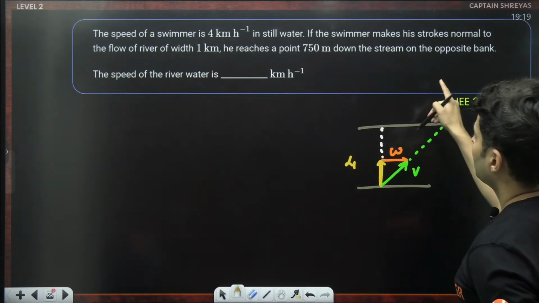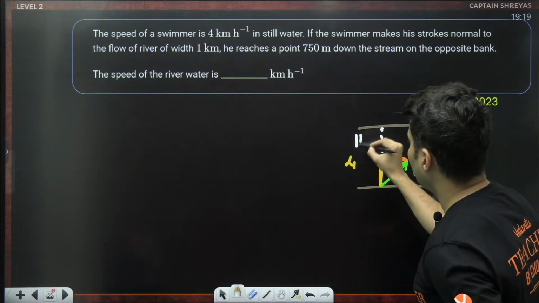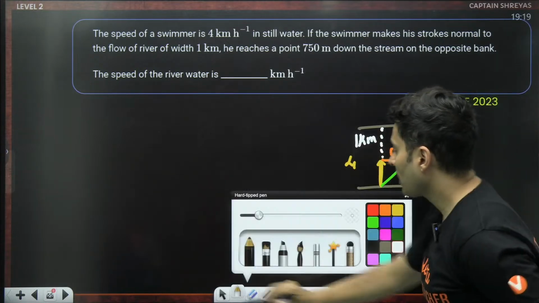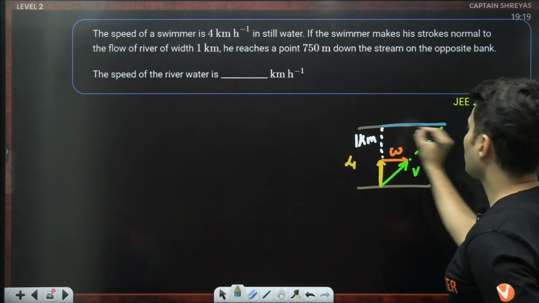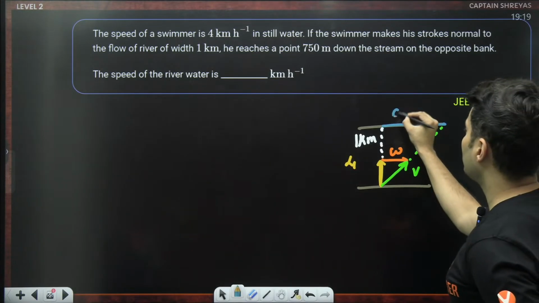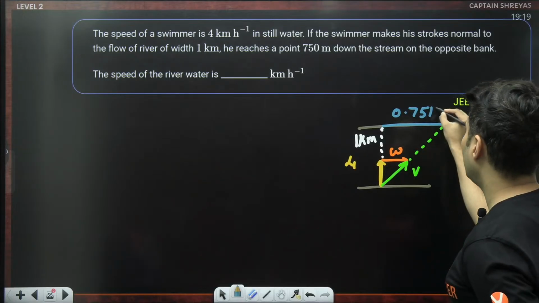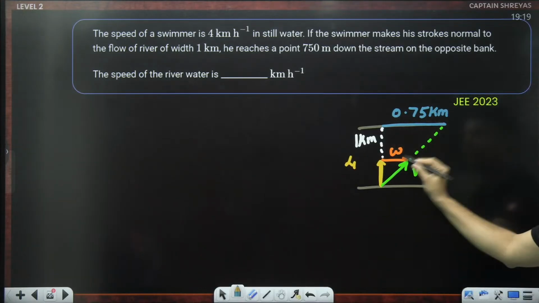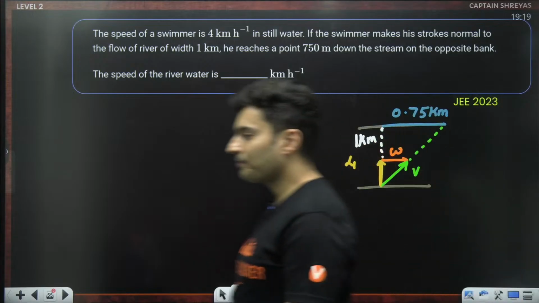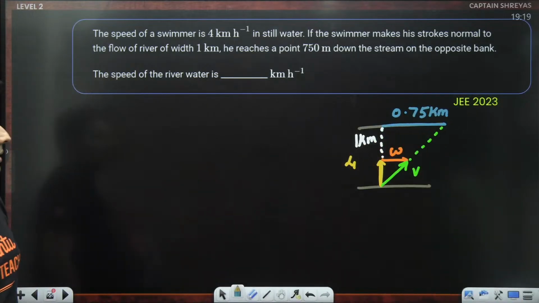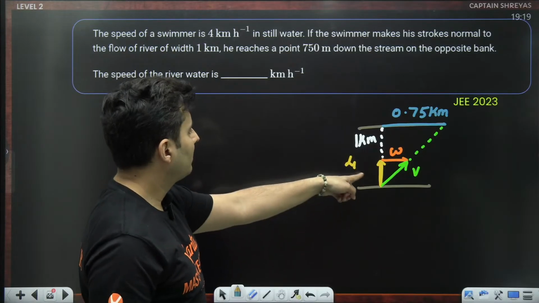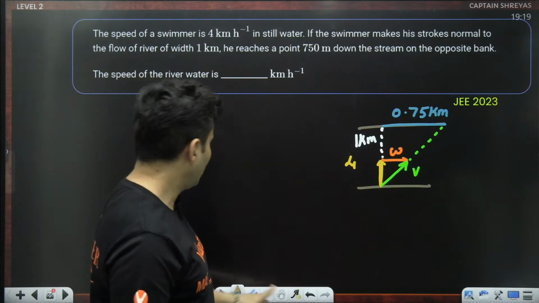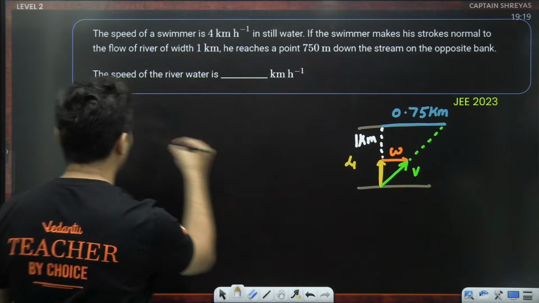This side is 1 kilometer, and he ends up reaching somewhere over here. This is 750 meters, which is basically 0.75 kilometers. Question is, what is the river velocity? First of all, because width is given and the speed of the swimmer is known, I think I can easily find the time taken to cross.